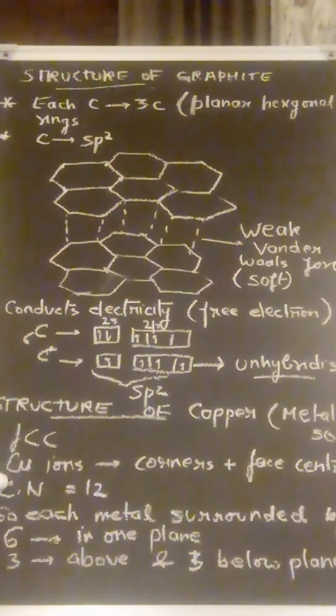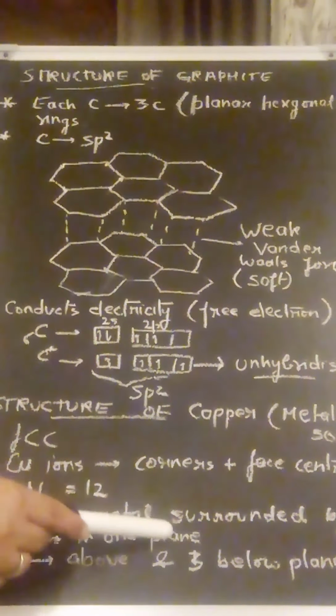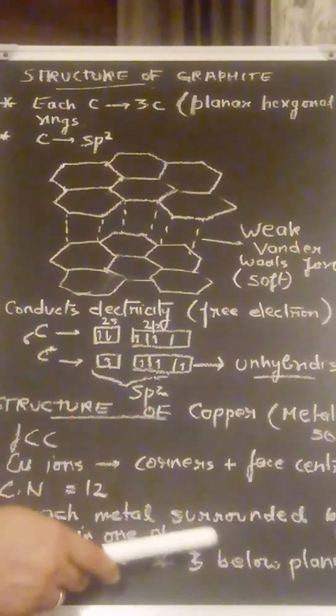You remember that the coordination number of each metal ion in copper metal is 12. This means each metal ion is surrounded by 12 other metal ions, out of which 6 are in one plane, 3 are present above this plane and 3 others are present below this plane.